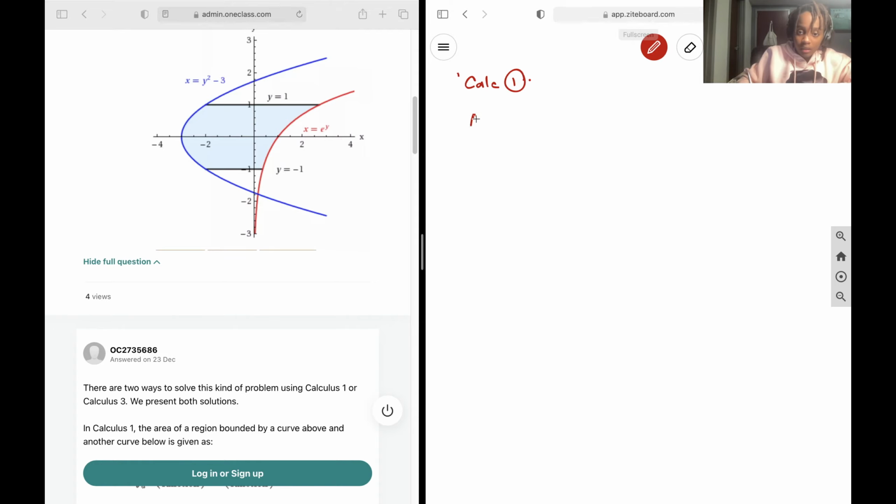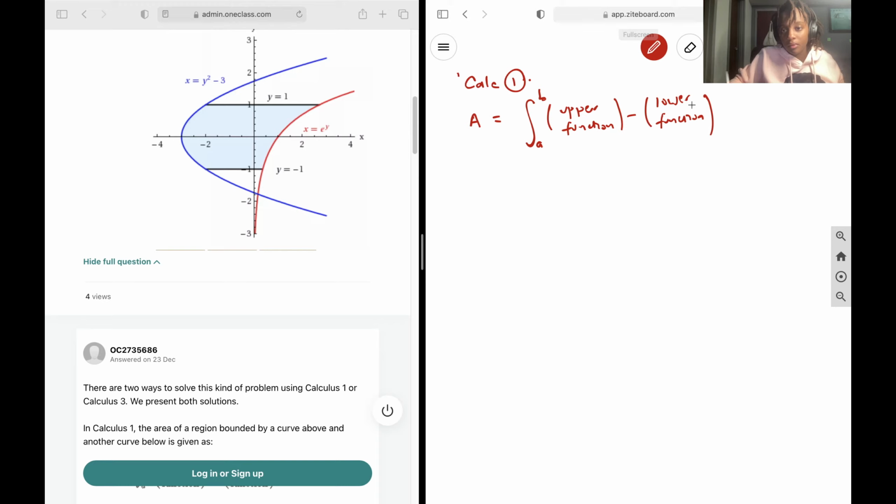we know that the area can be determined by integrating from a to b the upper function minus the lower function over dx if x is bounded by a and b.